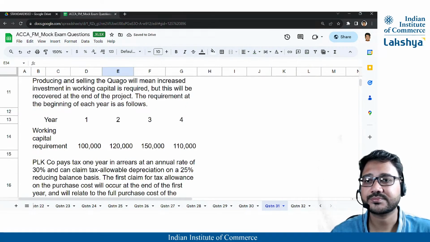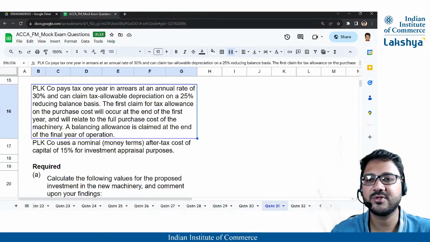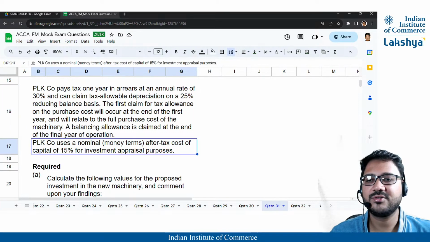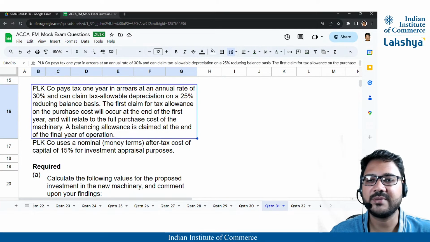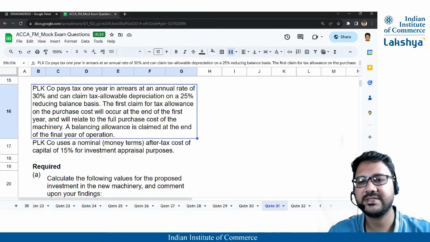Right. The first claim of tax allowance on purchase cost will occur at the end of the first year and will relate to the full purchase cost of machinery. A balancing allowance is made at the end of the final year of operation. So this is relating to the asset.